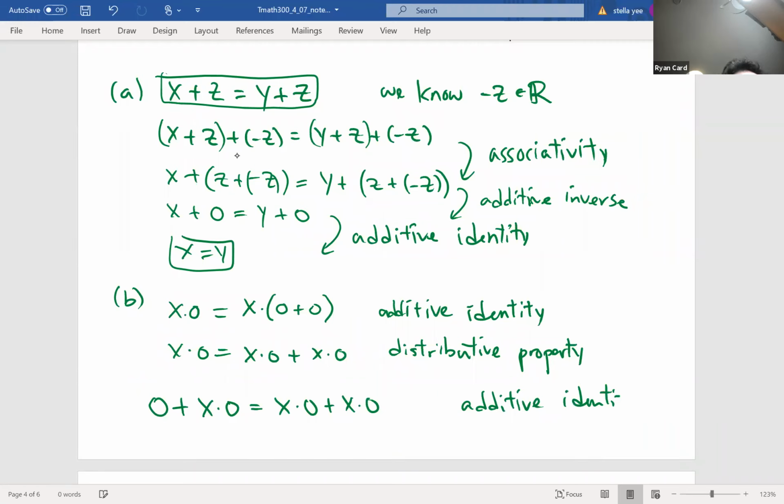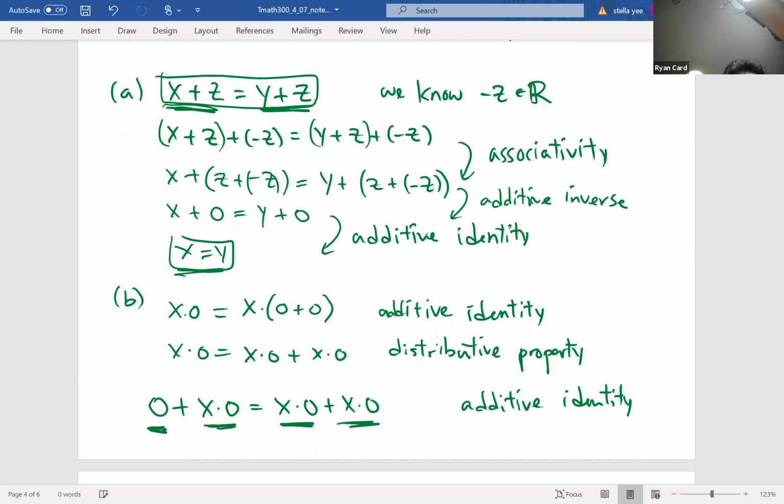Okay, now I'm going to use part A. If I have x plus z is equal to y plus z, then x and y are equal to each other. So here, this is my x, this is my y, and this is my z.